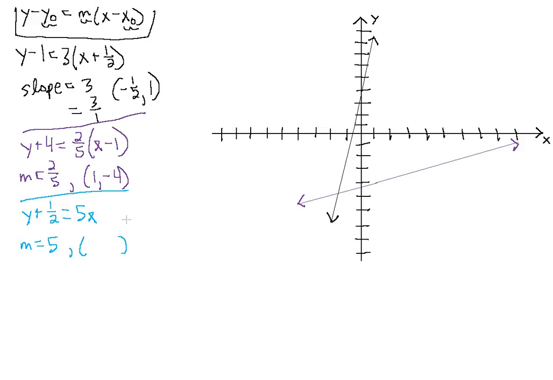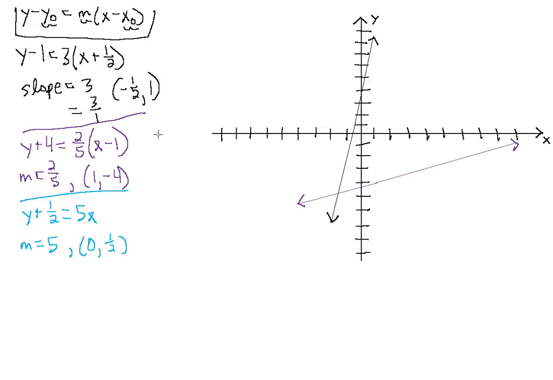Now, there's no x naught over here, so we know our x coordinate is going to be 0. Okay, so it's technically like this, but we just have 5x and we don't write the 0, so it's actually just a 0 for the x coordinate and a minus 1/2 for the y coordinate.